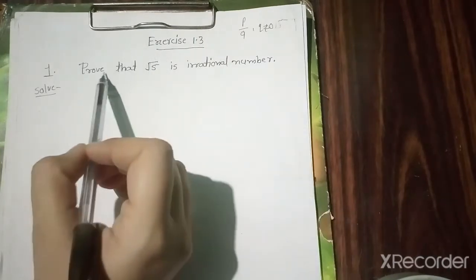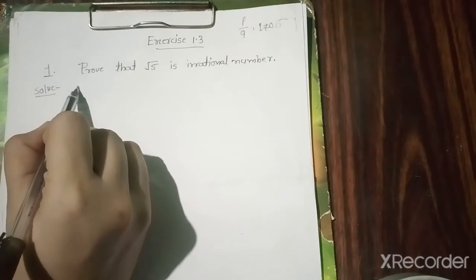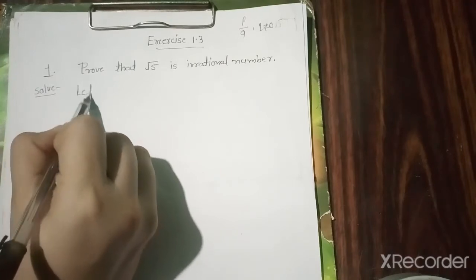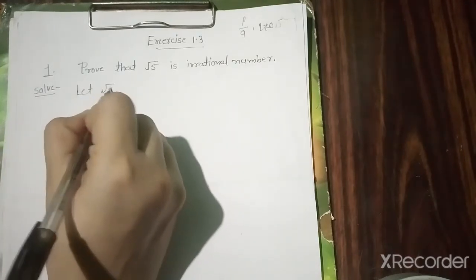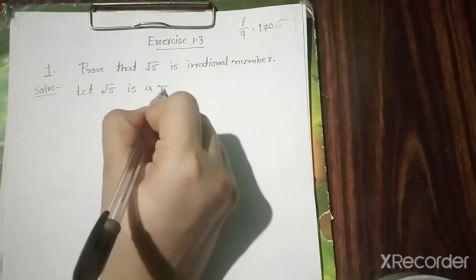So first of all, we will suppose, let root 5 be a rational number.